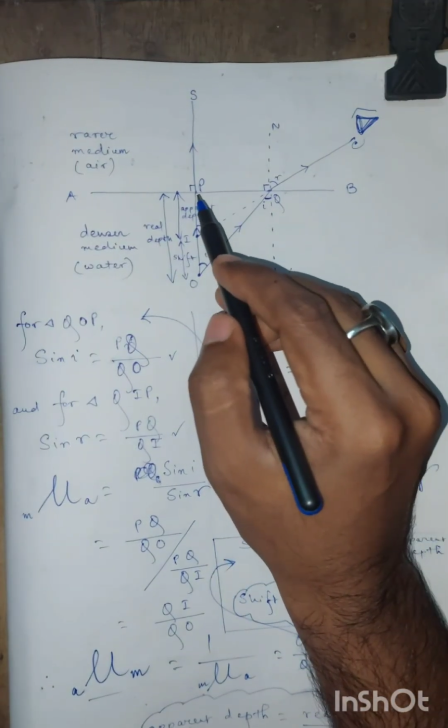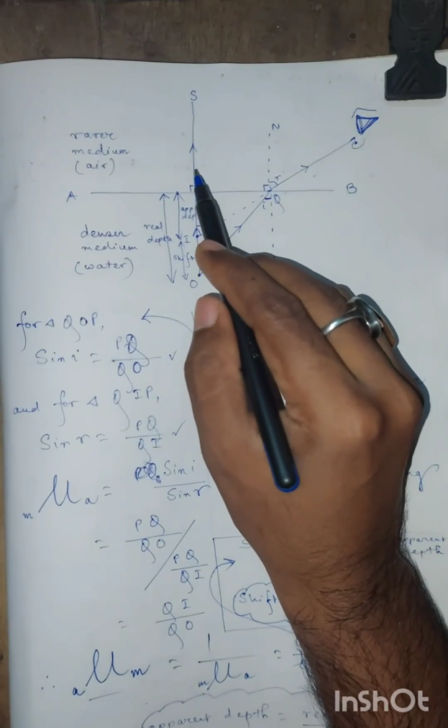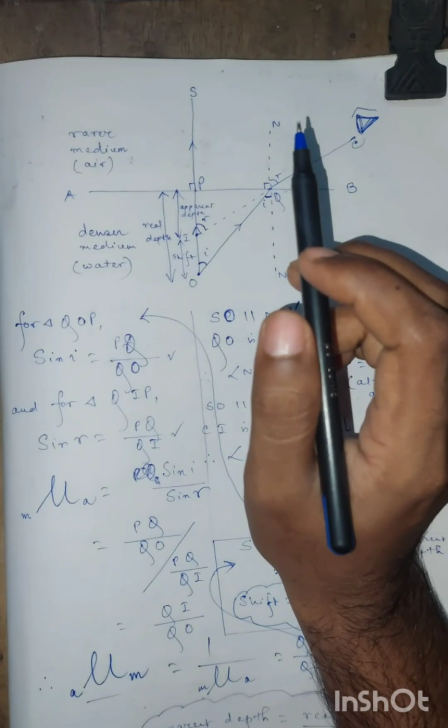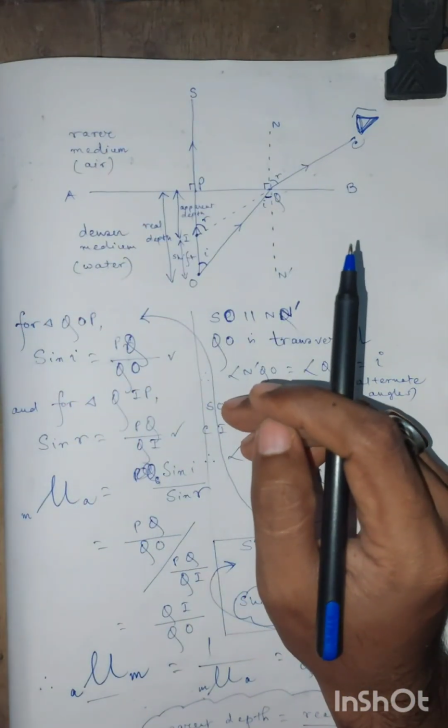That is why it does not suffer any deviation. It goes straight into the rarer medium.